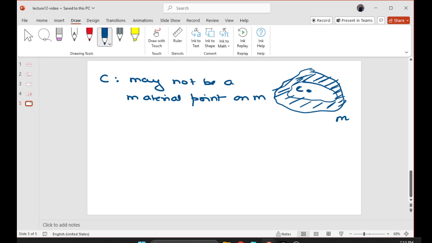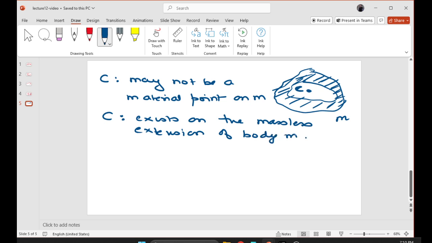This may be the center of mass. In this case, we will say that C exists on the massless extension of body M. In the last class, I did talk about the concept of massless extension of any rigid body. It was in the context of instantaneous center of rotation.